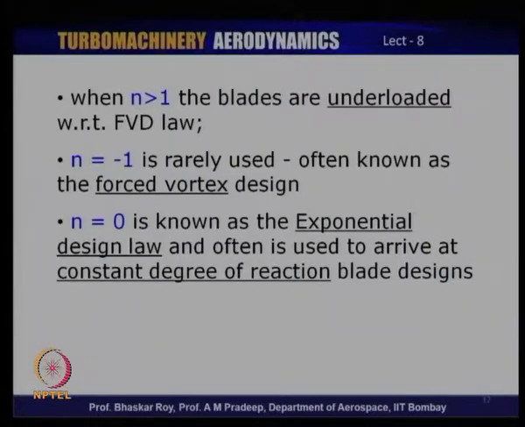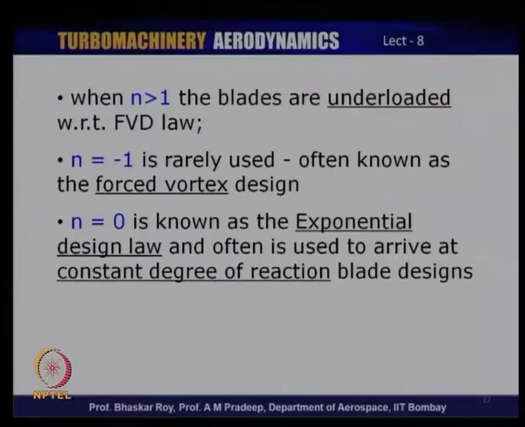Now, the other possibility is where n could be minus 1, which has been used sometimes. It is often called the forced vortex design. The other possibility is where n is equal to 0, which is known as exponential design law. If you use n equal to 0, you would see that C w is kind of constant. The relationship is C w into r to the power n.